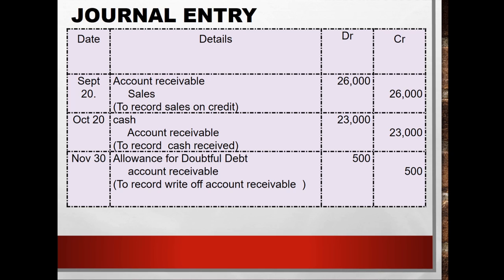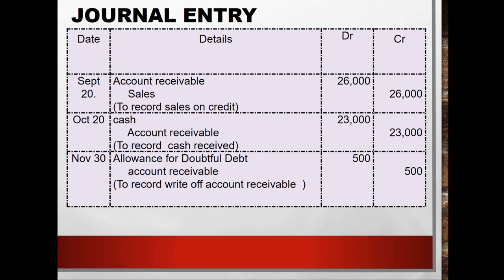So this is the journal entry for all the transactions that occurred during 2019. The first one, debit accounts receivable and credit sales, this is credit sales.